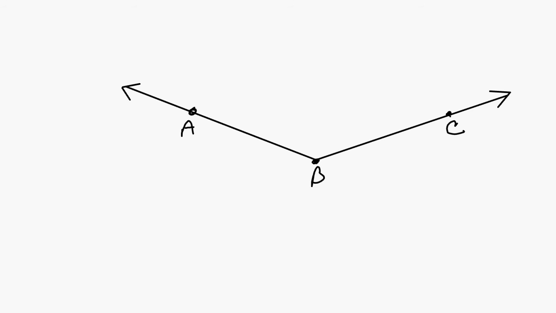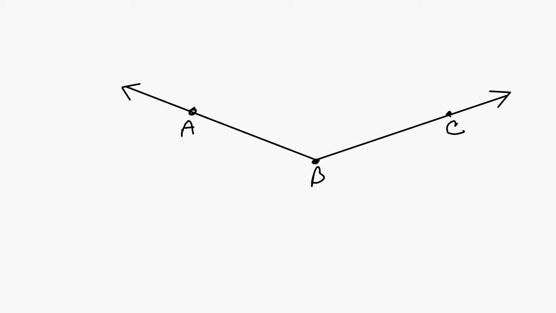What's the definition of opposite rays? Same endpoint and form a line. Does that form a line? Because what's a line? A straight path. So in this case, these are not opposite rays. They don't form a straight line.